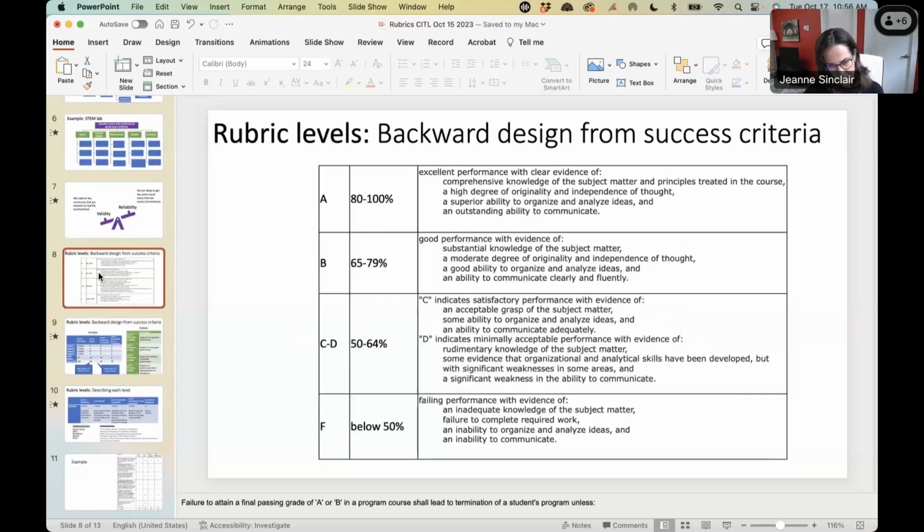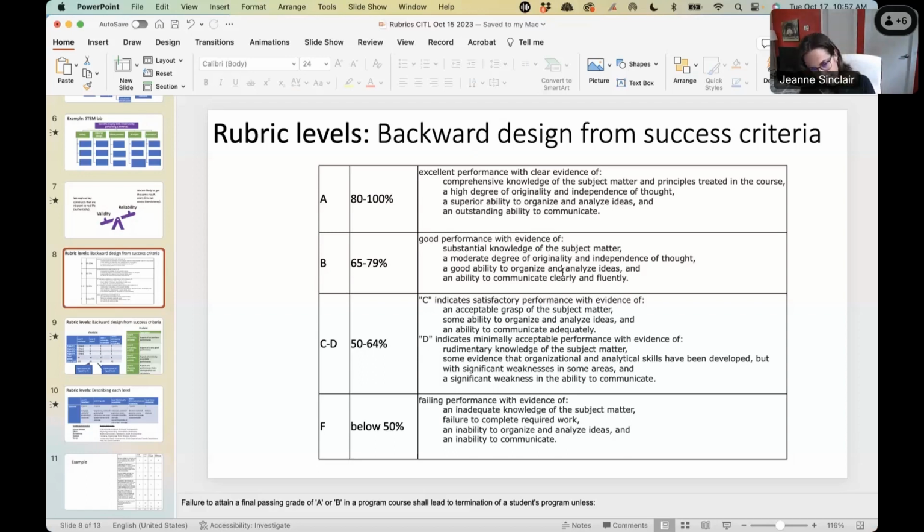Okay. So getting into the nuts and bolts of rubrics, we do want the rubric to translate to a score, right? And Memorial provides this set of grading criteria here for what's an A, B, C, and D. In the graduate programs, we know that students need to have an A or a B in order to continue with the program, right?